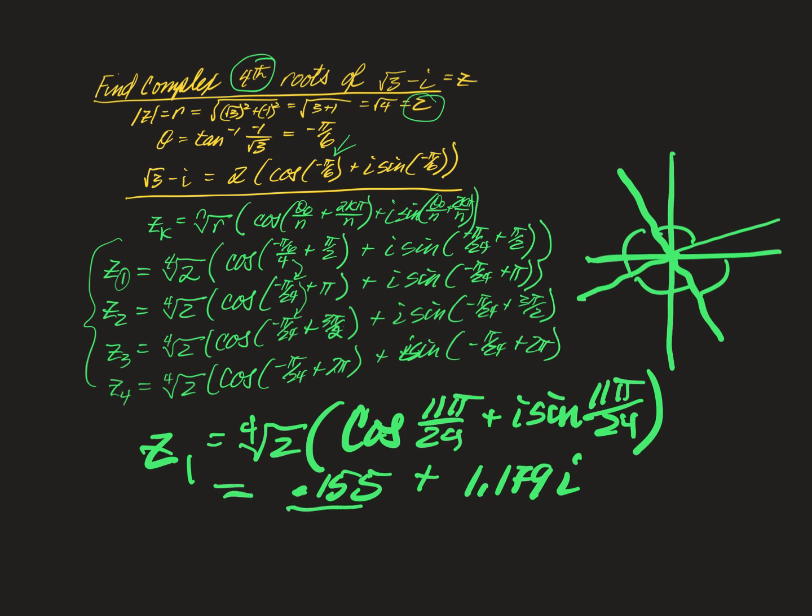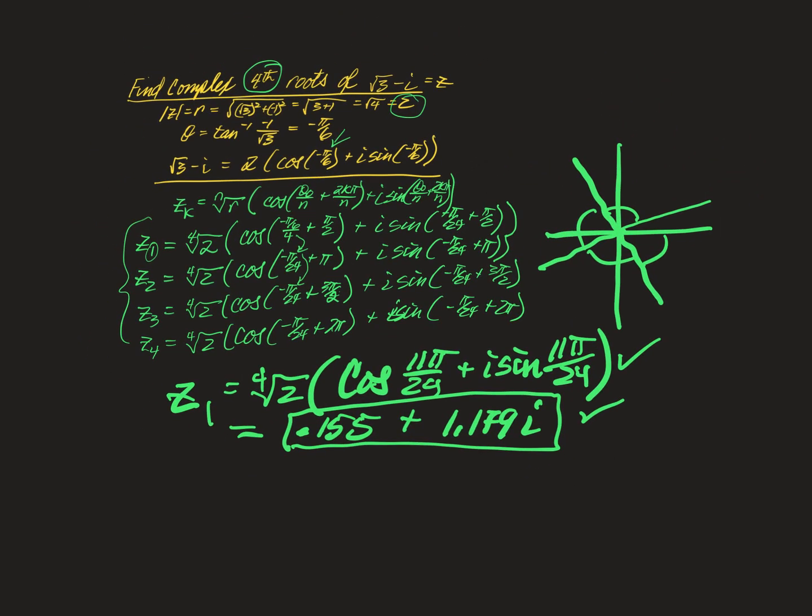Okay, and so you could get those as well as you work your way around. You could also figure it out in rectangular form from the polar form, or you could leave it in the polar form. Kind of depends what the question asks. And you can continue on doing the rest of these. I've just done the first one, but you can continue on and do the rest of them. Okay? And get a numerical value.